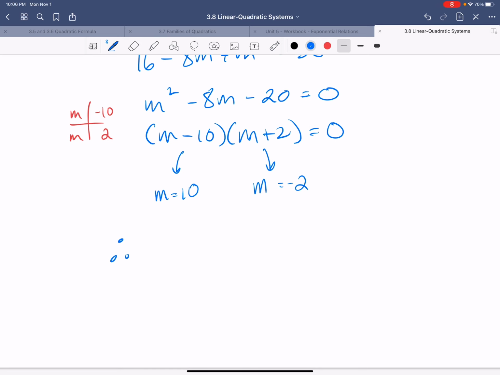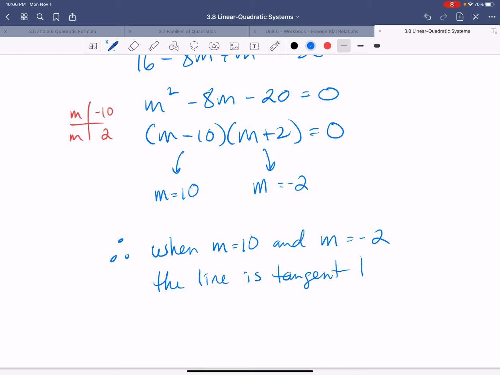So we figured out the slopes. There's actually two slopes. That's why it said values. So when m equals 10 and m equals negative 2, the line is tangent to the parabola.